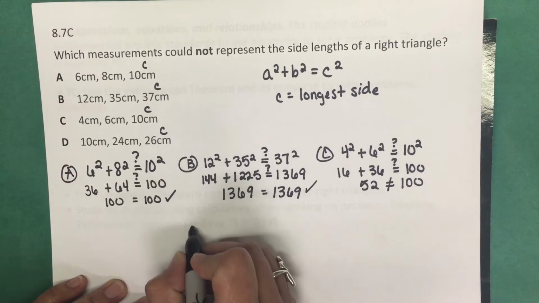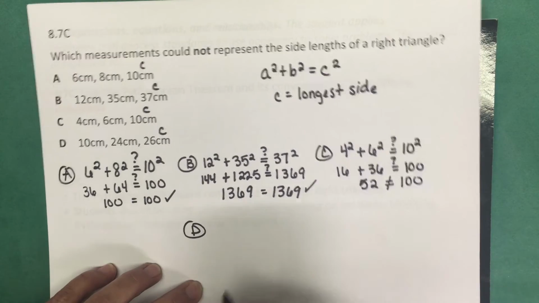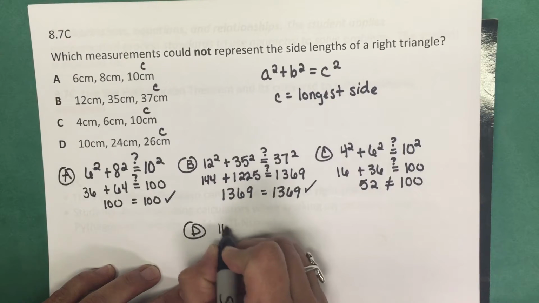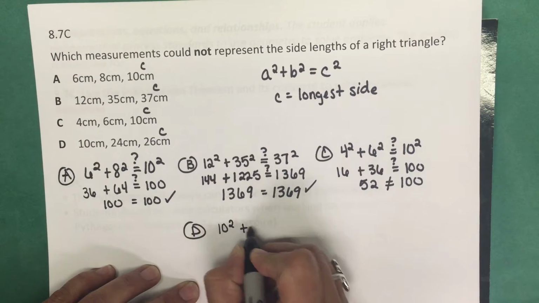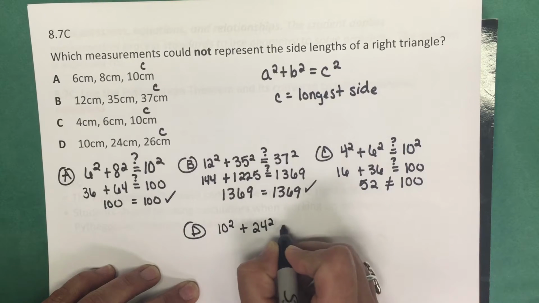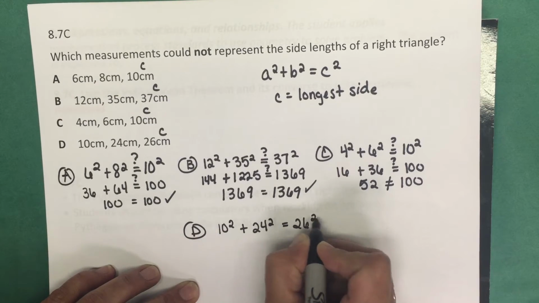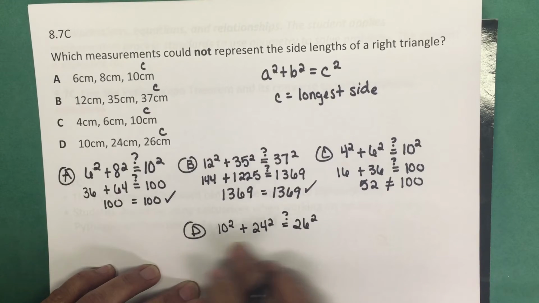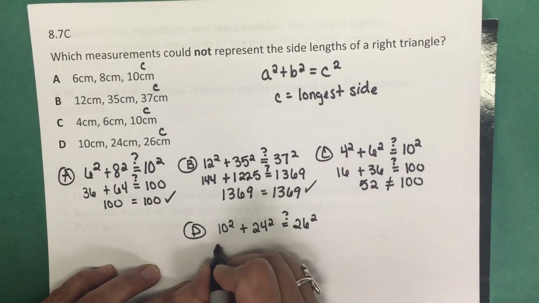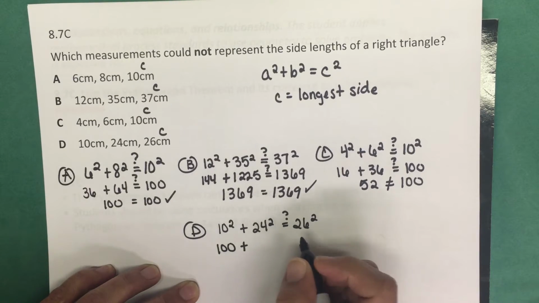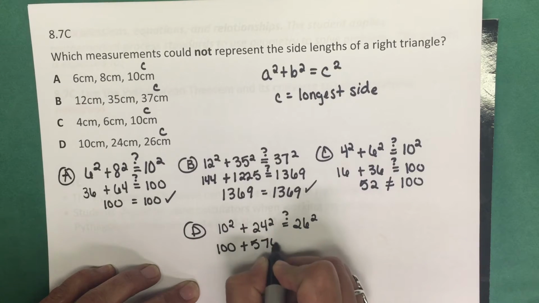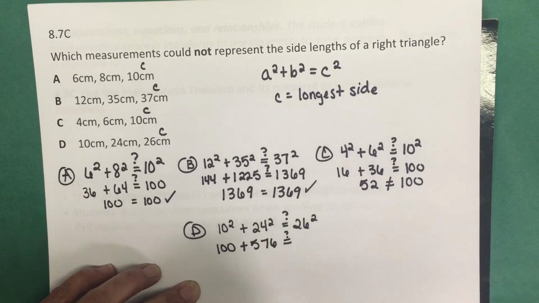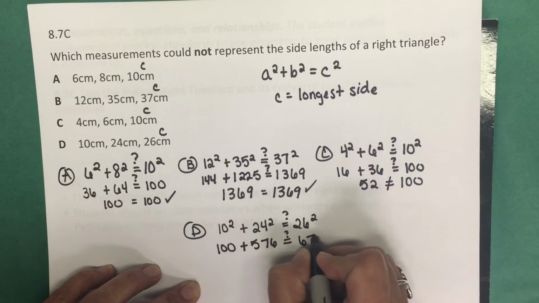Let's make sure we didn't make any other mistakes in our calculations. So for answer choice D, does 10 squared plus 24 squared equal 26 squared? We're going to work this out. 10 squared is 100, plus 24 squared is 576. Does that equal 26 squared, which is 676?